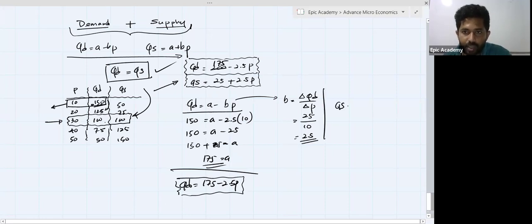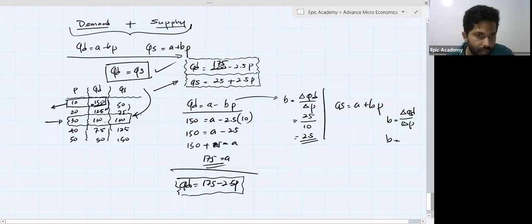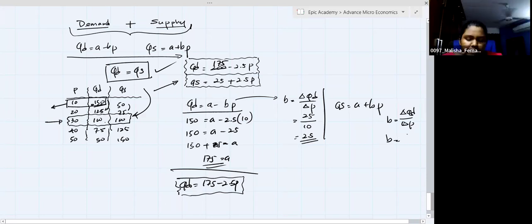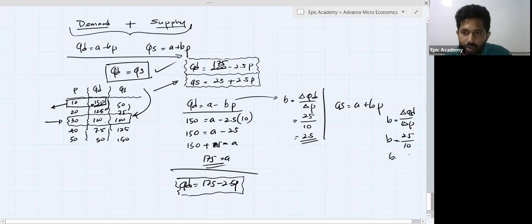Okay, let's move to the supply curve. Supply equation: QS equals A plus BP. B means delta QS divided by delta P. Delta QS means the difference of supply. It is also 25, and the price changes just 10. B equals 2.5. So then just take one option. I will take the first option, I mean 50 and 10.